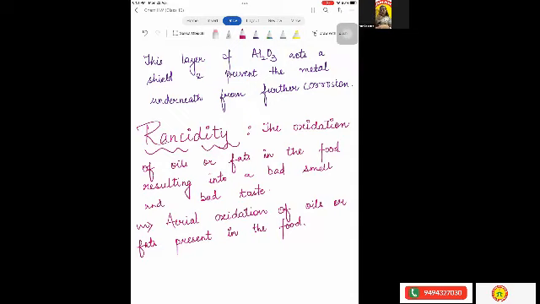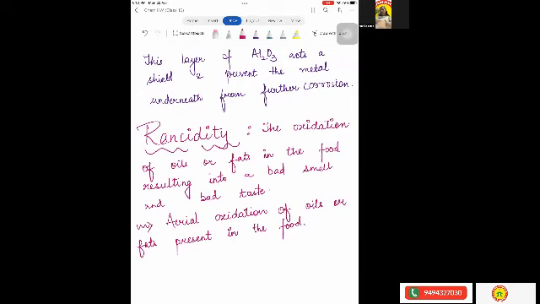This entire process is known as rancidity, and we say the food becomes rancid. It means the oil and fats in our food get oxidized by reacting with oxygen, and the food becomes stale and bad for eating.